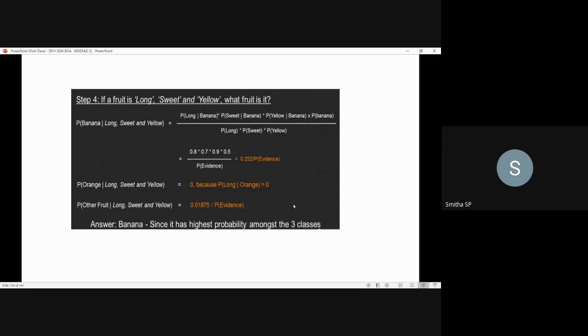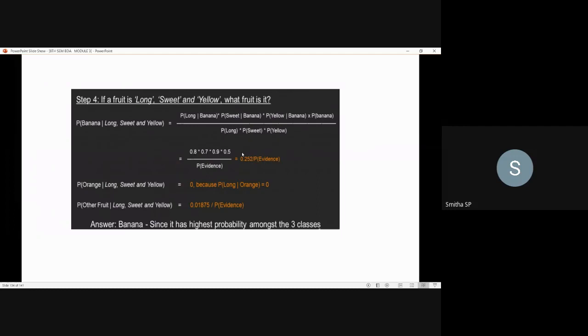So in the naive Bayes analysis, as I said previously, by looking at the probability values you have obtained, the one which is higher wins. So here, if you go through these values, the higher one is the probability value of banana, that is 0.252.